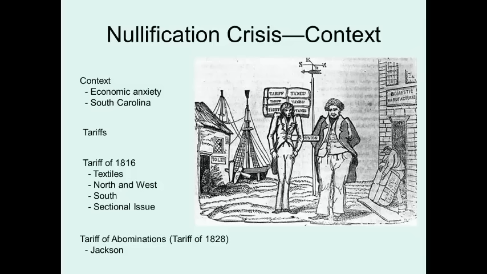Beginning in 1816, Congress enacted a high tariff in order to protect American industries, such as the textile industry. The textile industry is the industry that they are the most worried about. They want to protect it from cheap British imports. So, obviously, the North benefits from this. Remember, it's in the North where all the textile factories are.